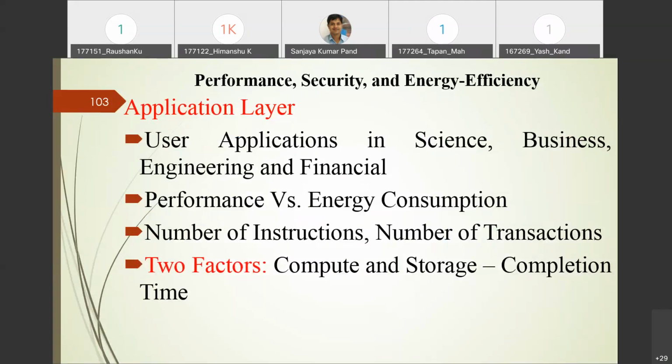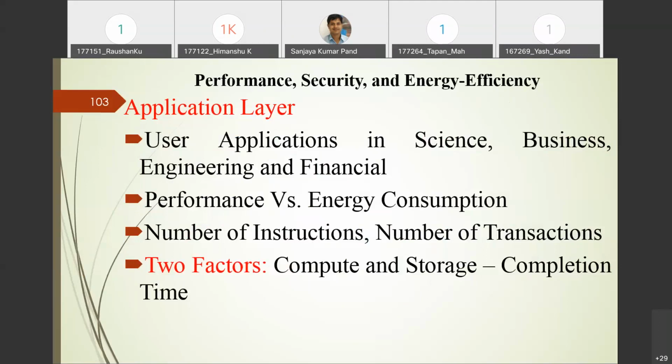So while you are executing any kind of application, I told you repeatedly, there are 2 important factors: performance and energy consumption. Both need to be balanced. Performance will be higher if the utilization is more than 95%. But at the same time, you have to ask the question, what about energy consumption?